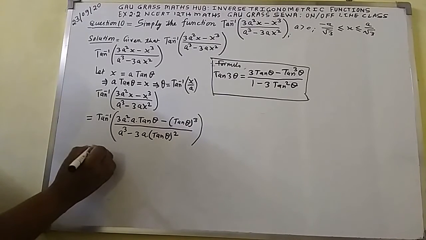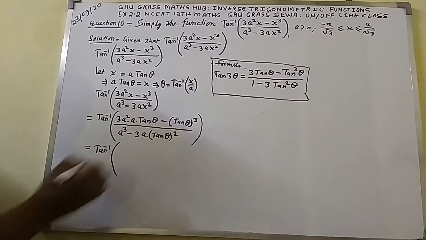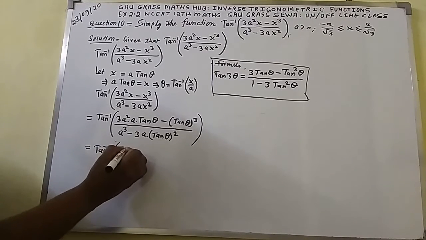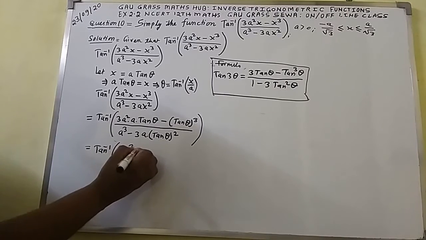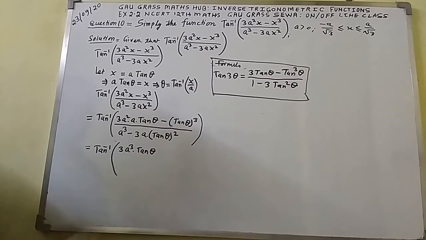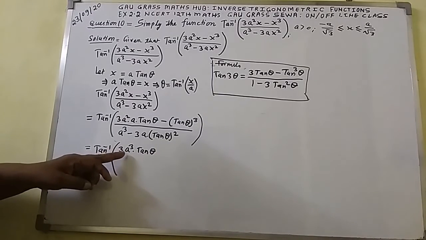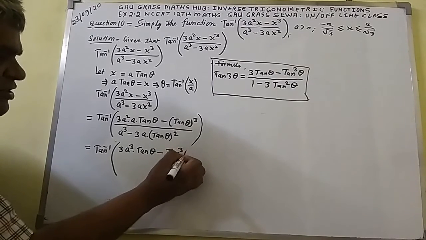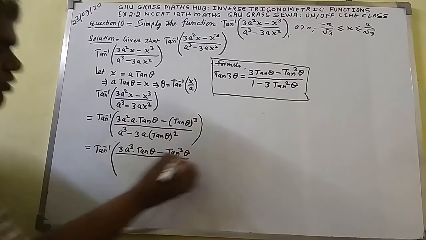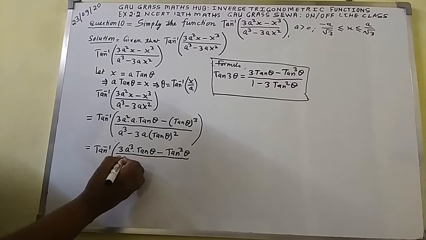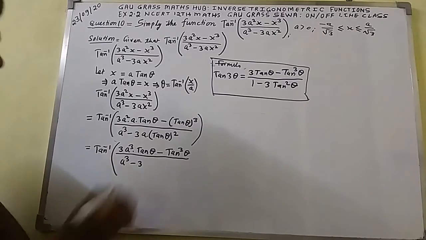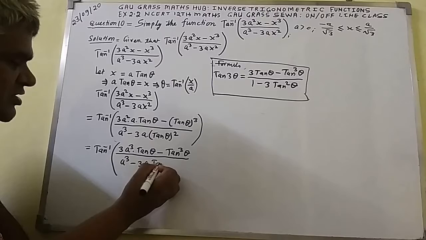So here you can write tan inverse of 3a cube tan theta minus a cube tan cube theta, whole over a cube minus 3a cube tan square theta.